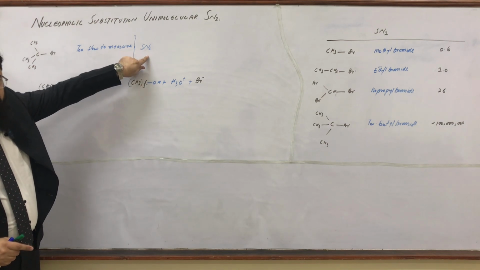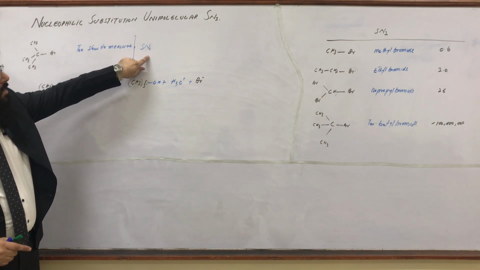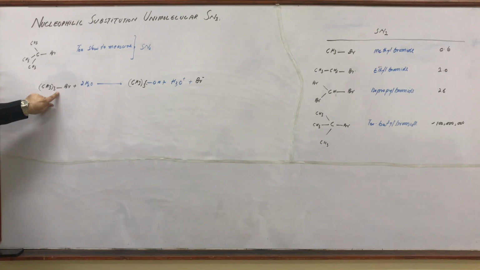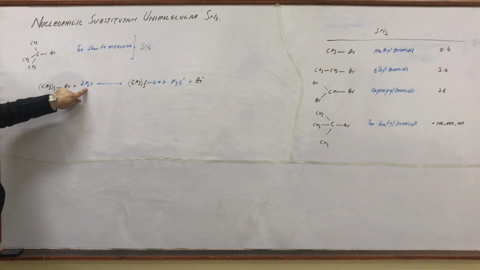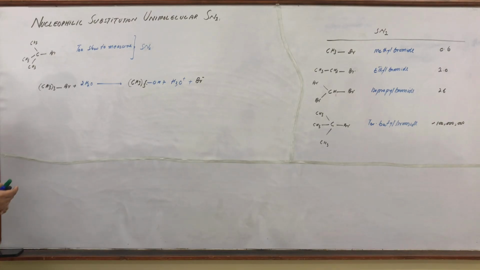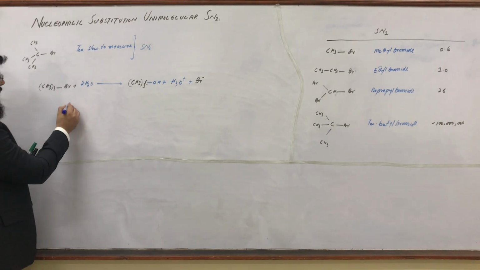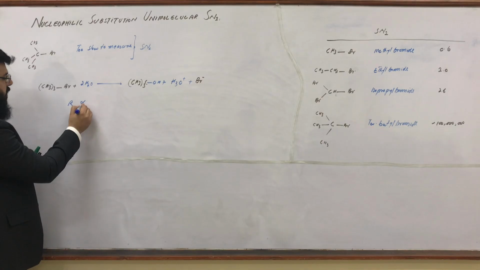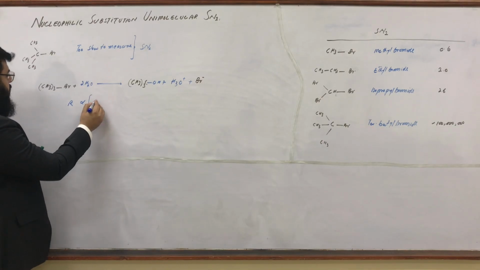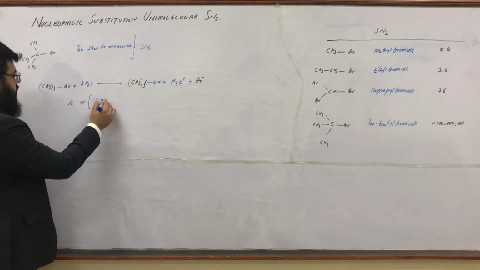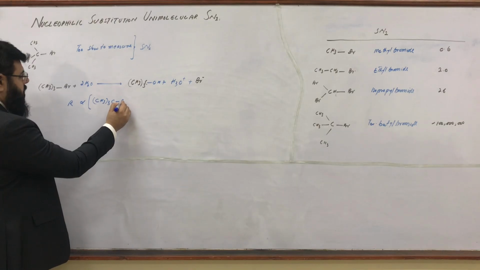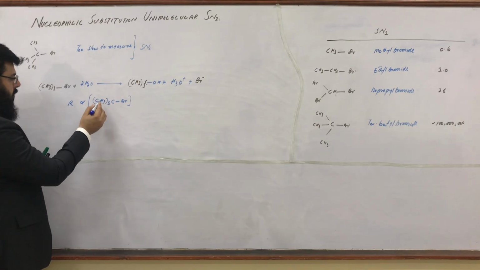For SN2 reactions, we studied that the rate of reaction depends upon the substrate as well as on the nucleophile. But here the scenario is different. The rate of reaction is directly proportional to the concentration of the tertiary alkyl halide.